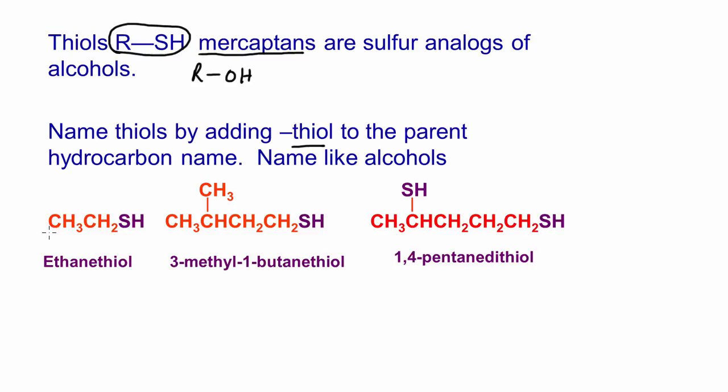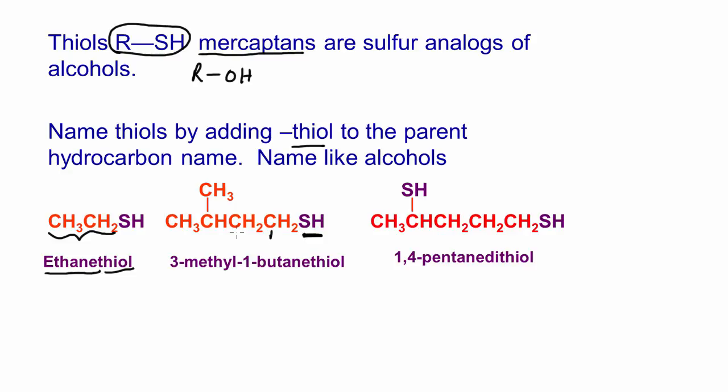So here we have a 2-carbon thiol. This would be ethanethiol. Remember, if this was an OH here, that would be ethanol. In this case, it's ethanethiol, and we don't drop the E in the ethane. This one here, again, the thiol group is going to take priority when numbering.